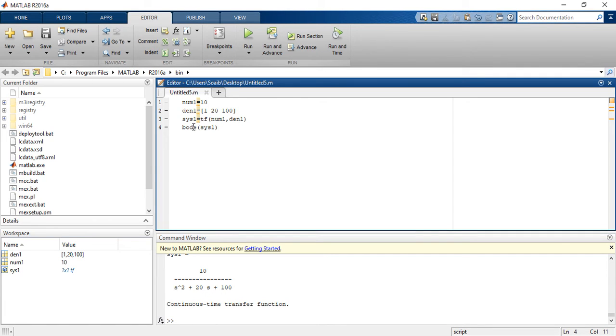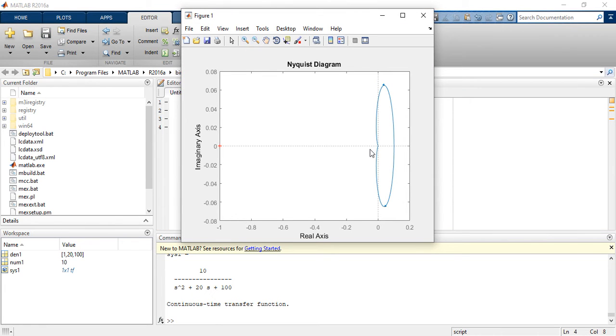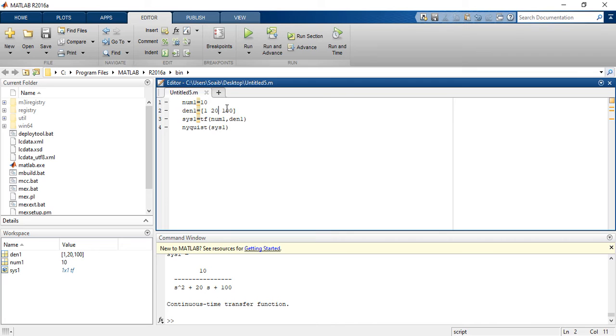Similarly, if I want to draw the Nyquist plot of the same transfer function, the command is nyquist. I will run it. It will be this. As we see, the polar plot is over here, and the Nyquist plot is the mirror image of this. I will just slightly change the value of this.